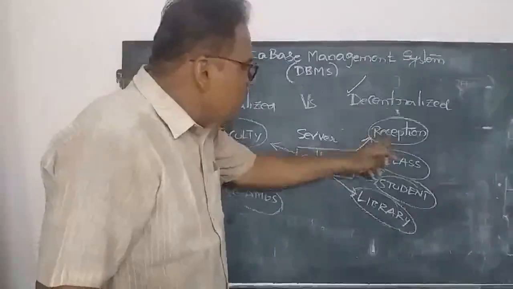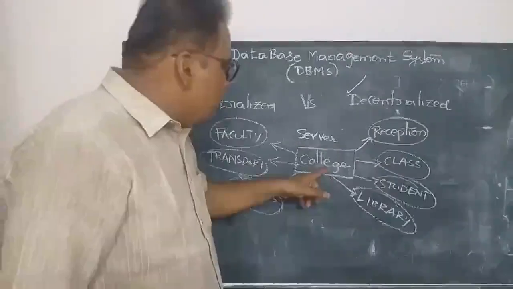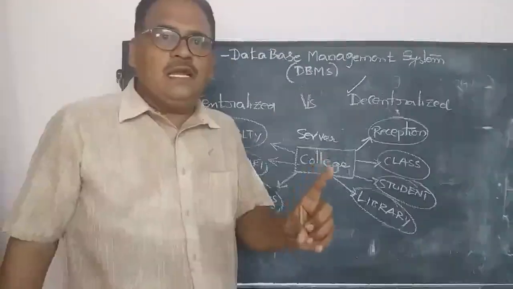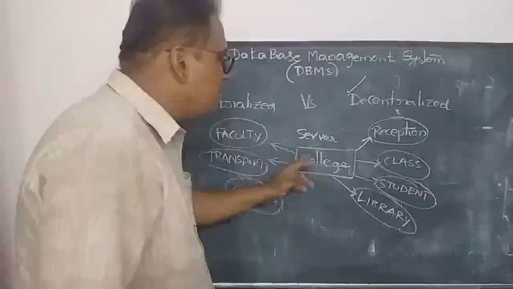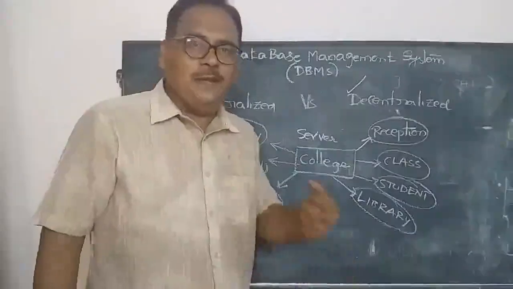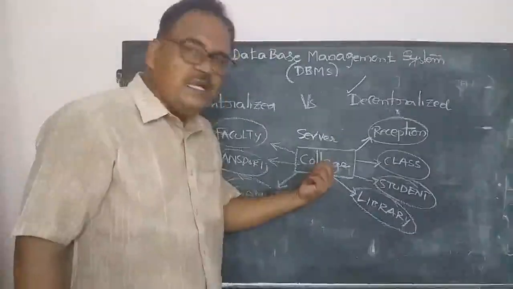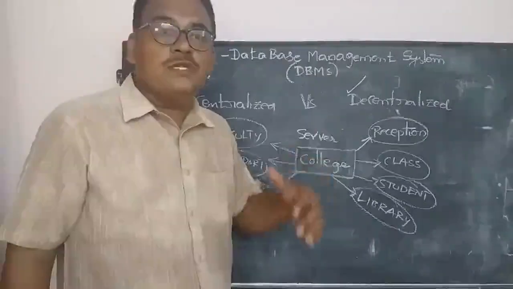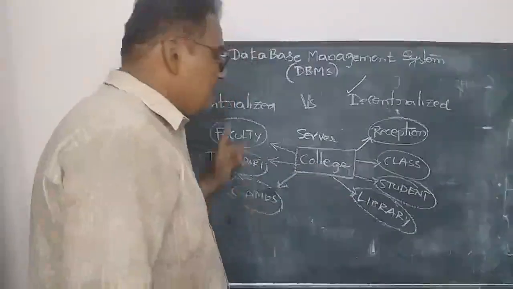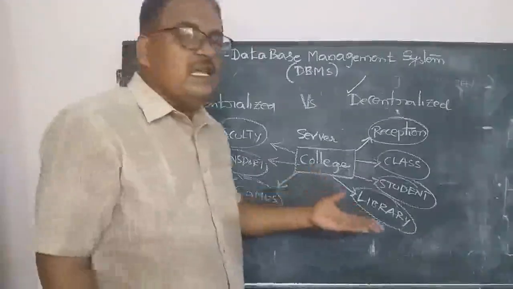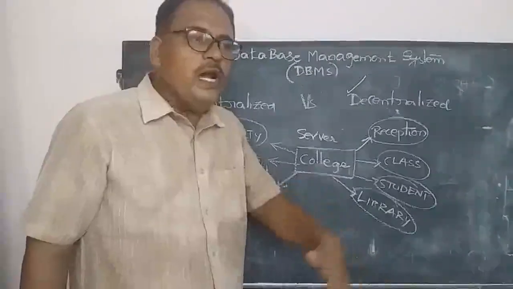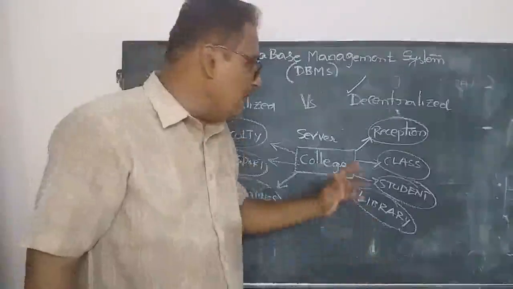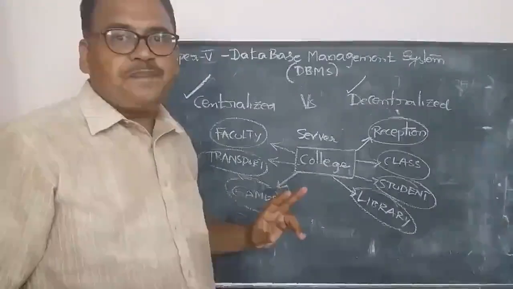So any information can be got from the server at one point, that is centralized. But how can they get information from the server? That is data sharing. When you centralize the data, it is possible to share it with various entities. So this is the easy way to overcome inconsistency, with no need to change each and every copy of data in various entities.